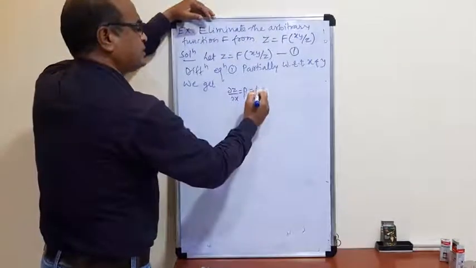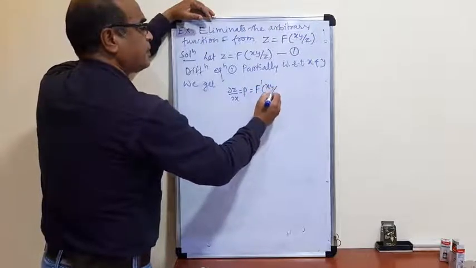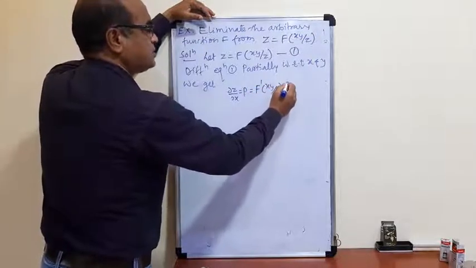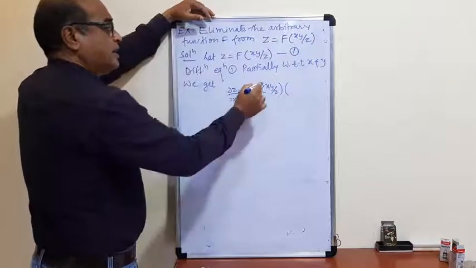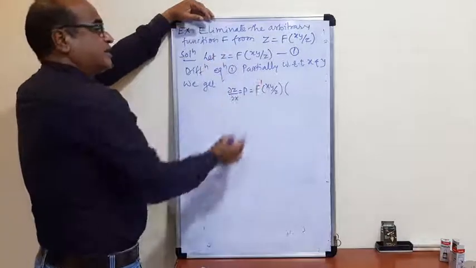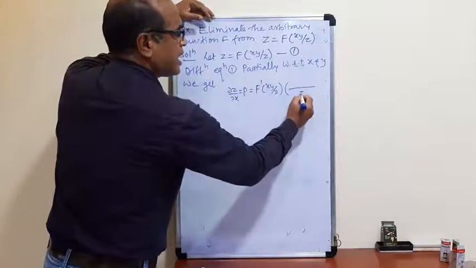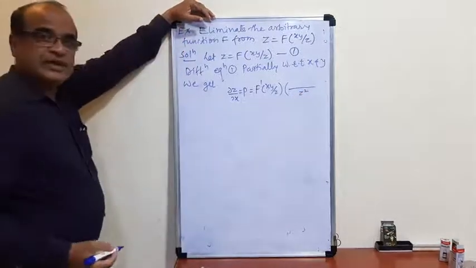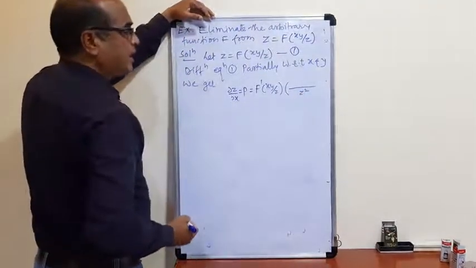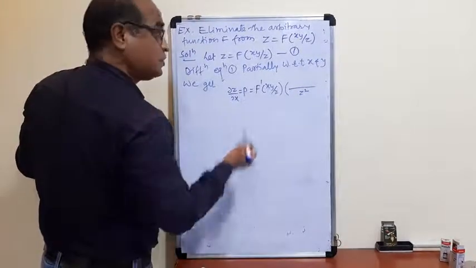So what is the derivative of this? This is f dash of xy upon z into derivative of this. Derivative of this is f dash of this into derivative of this. So that is z square, with respect to x.